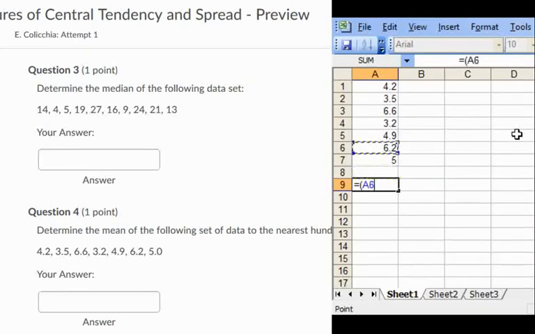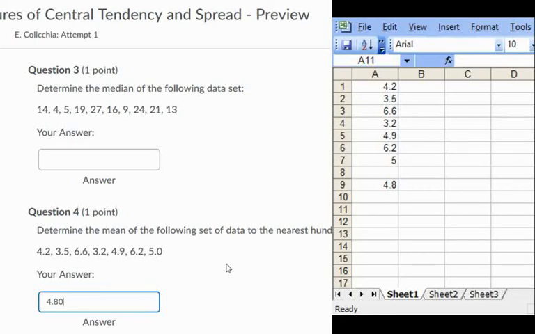So I'll put a bracket and add each of these numbers together: 4.2 plus 3.5 plus 6.6 plus 3.2 plus 4.9 plus 6.2 plus 5. Close the bracket and divide by the number of numbers, which is 7. I end up with 4.8. So to the nearest hundredth, I'm going to have to write 4.80, because that's our hundredth.